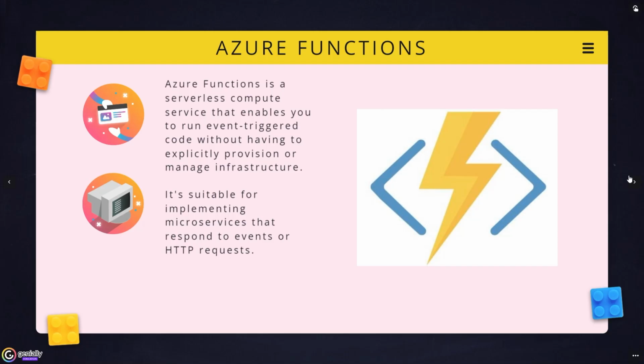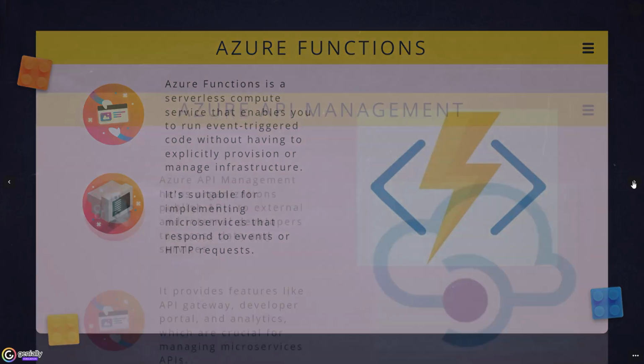Next one is Azure Functions. Azure Functions is a serverless compute service that enables you to run event triggered code without having to explicitly provision or manage infrastructure. It is suitable for implementing microservices that respond to events or HTTP requests.